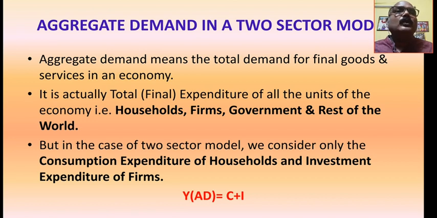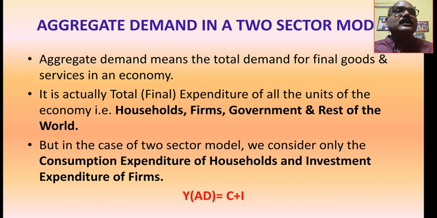So this is all about the components of aggregate demand. Now come to the Keynesian analysis. You know that Keynes has taken a very simple model. He has taken 2 sectors: one is the household sector and the other is the firm sector. So according to Keynes, aggregate demand is the sum of consumption demand and investment demand. That is, AD is equal to C plus I. C means consumption demand and I means investment demand.